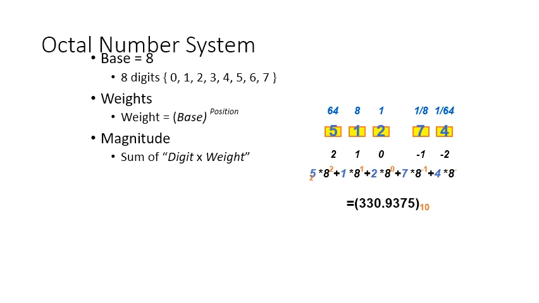For example, here you are converting a base 8 number into a base 10 number. You write 2 multiplied by 8 raised to power 0, plus 1 into 8 raised to power 1, plus 5 into 8 raised to power 2, plus 7 into 8 raised to power minus 1, plus 4 into 8 raised to power minus 2. When you add up all these values, this will be equal to 330.9375 in base 10.